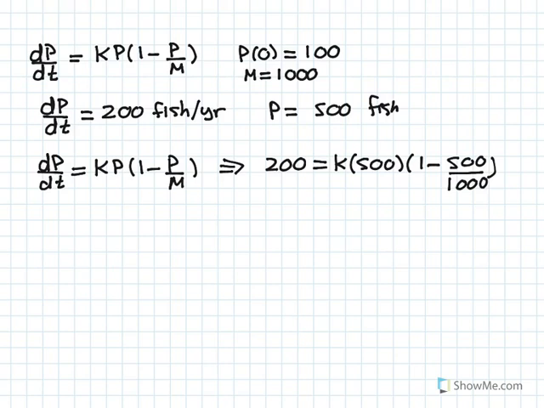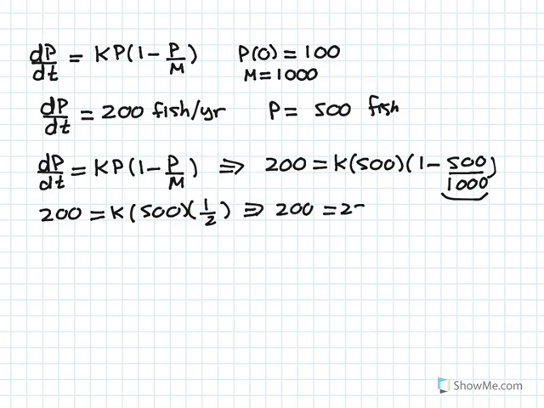Now let's solve for k, and we get 200 is equal to k times 500 times, this is just a half, so 1 minus 1/2 is 1/2. So we have 200 is equal to 250k. Solving for k, we get k is equal to 200 divided by 250, and k comes out to 0.8.